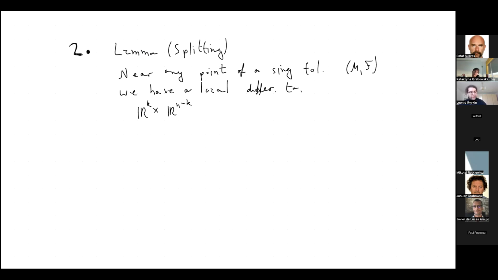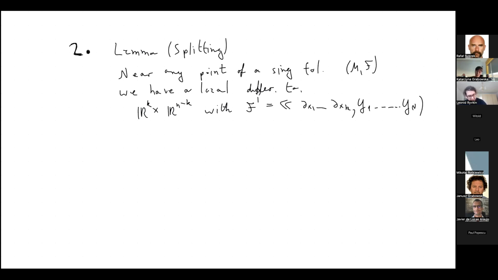But now the foliation will not just be that the k directions are in the foliation and the n minus k aren't. It's going to be a little bit different. It's going to be the foliation generated by ∂x1 to ∂xk. So those are the directions of the leaf. And then some other vector fields, y1 to yn.